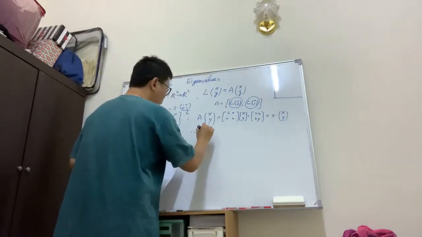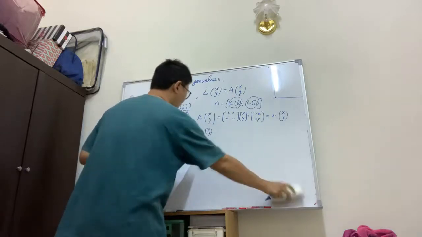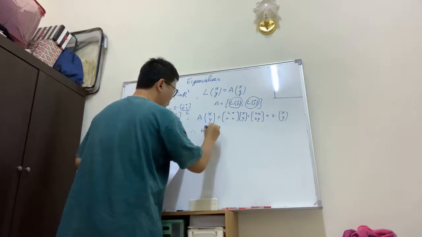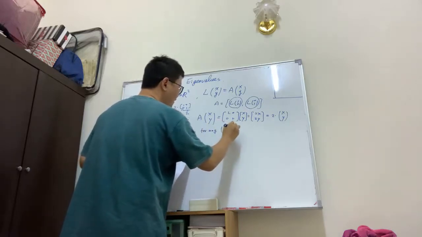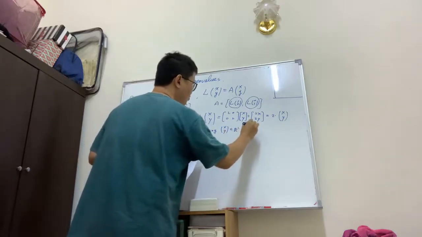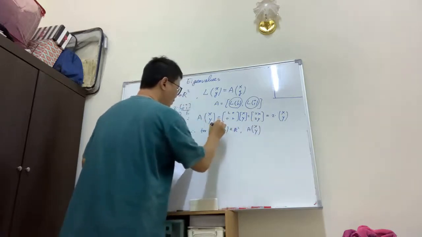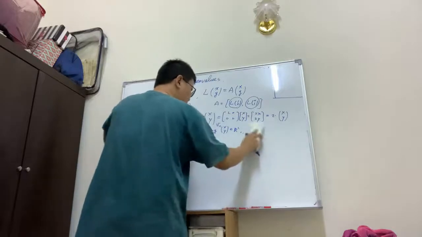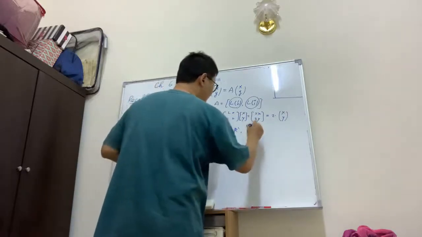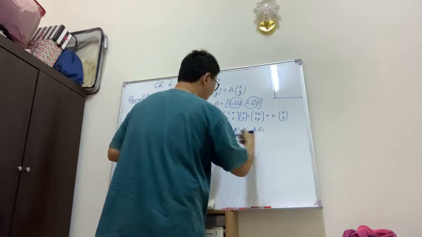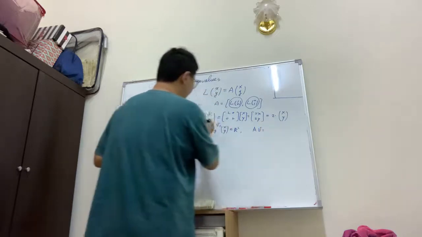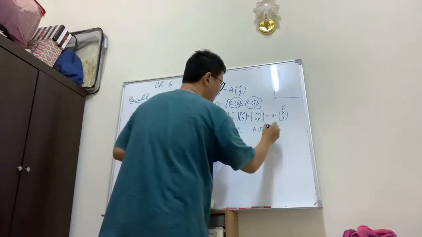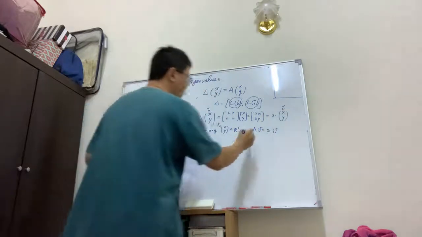So for any vector v in R2, Av equals 2v.